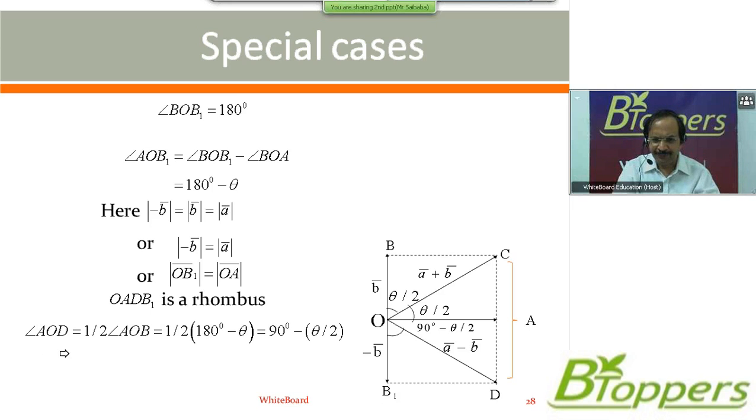So angle AOD will be half of the angle AOB1. Angle AOD means the angle between the vector A bar and A bar minus B bar. Angle AOB1 is 180 minus theta. Therefore, you get angle AOD equal to 90 minus theta by 2.